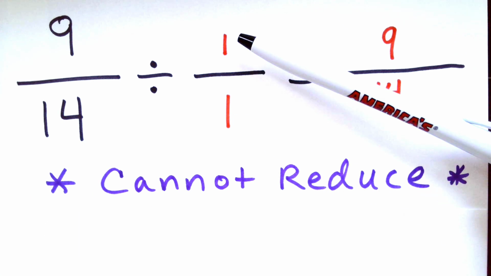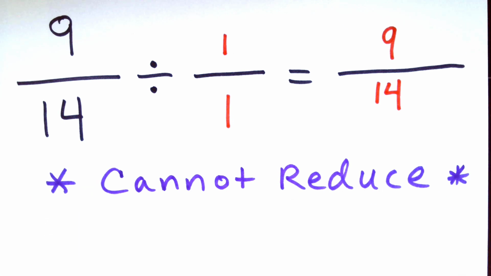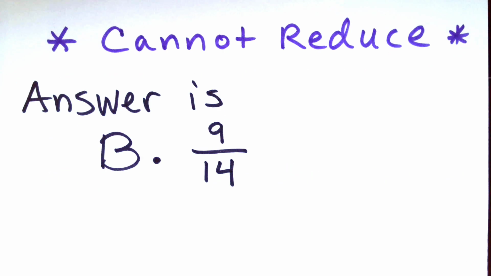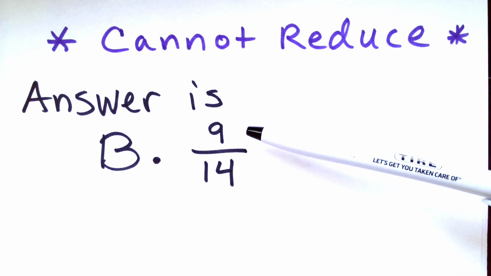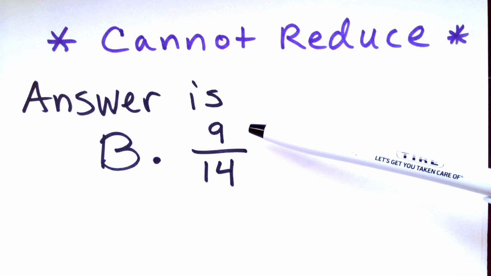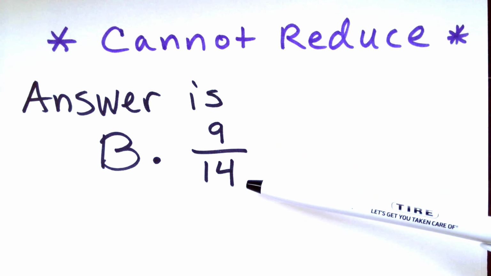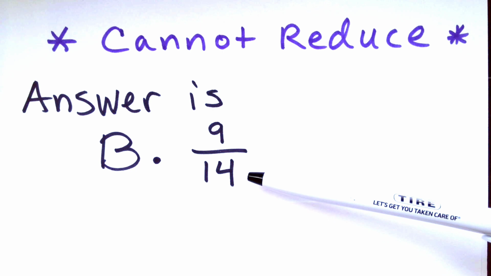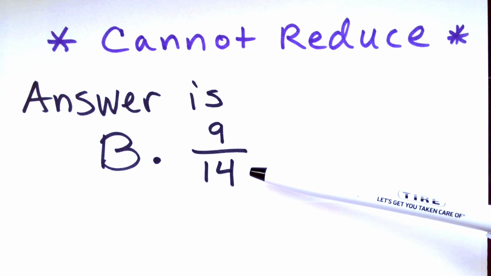Only 1 can be divided evenly into top and bottom, and you end up with the same exact fraction. You cannot shrink that fraction. So no, it cannot be reduced. So the answer is B. There are 9 blue and red coins out of a total of 14 possible coins.